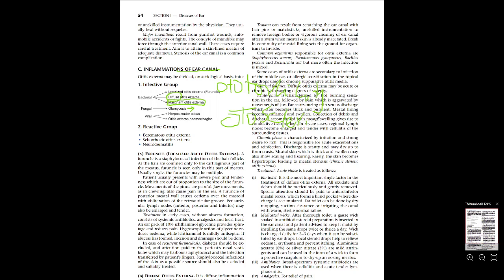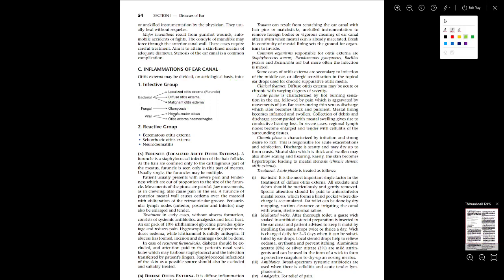So you should differentiate between the three of them. These three are different terms. Okay, so we were on our topic of viral. It can be caused by herpes zoster oticus or otitis externa hemorrhagica.